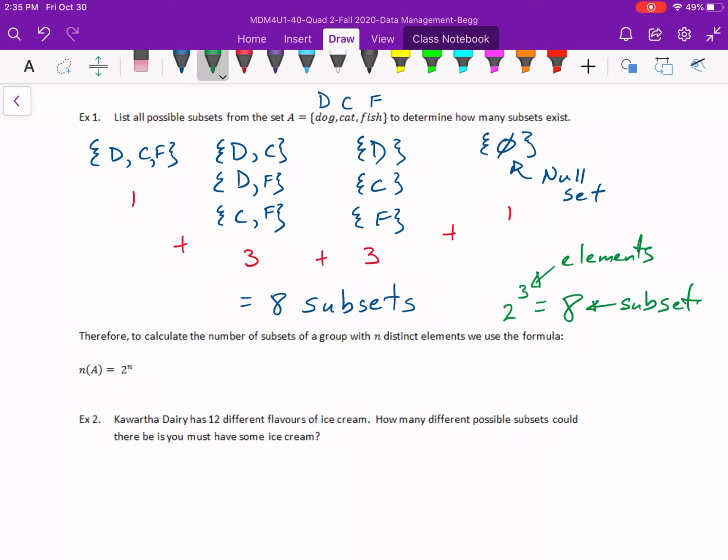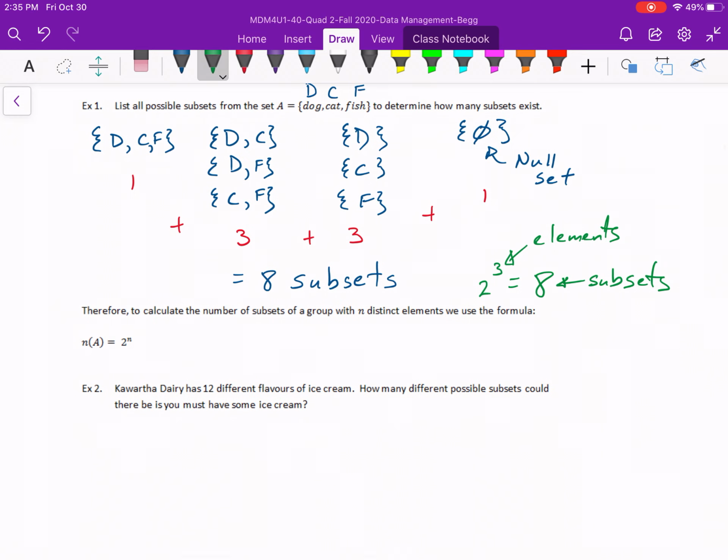If we were to add a 4th option, and maybe I wanted to have a bird as well, then I'd have 2 to the 4 possible subsets. Turns out that there'd be 16 different possible subsets by adding a bird. If I added yet another animal, let's say an armadillo, then now we're up to 32 possible subsets, and on and on. So every new element we add actually doubles the number of possible subsets.